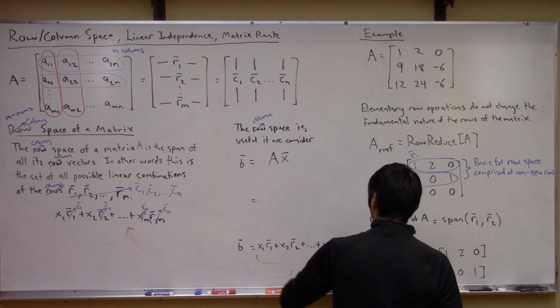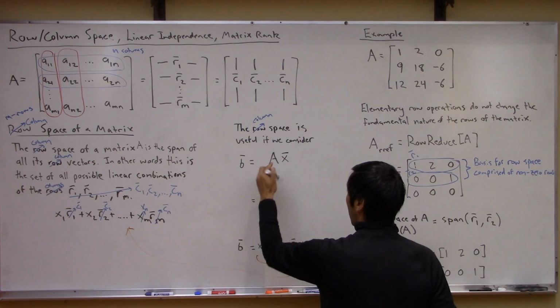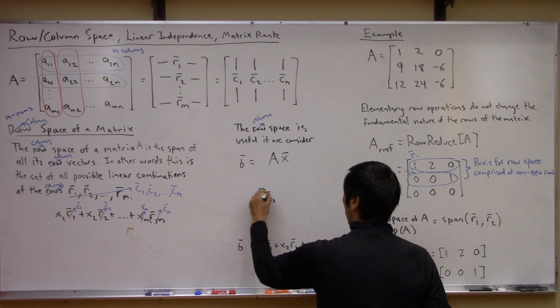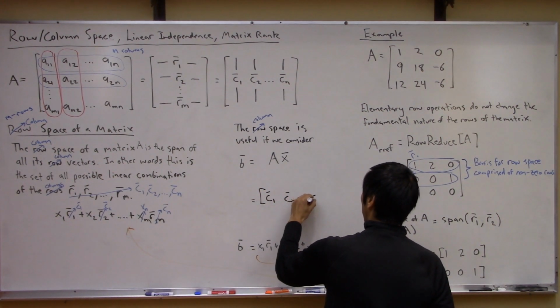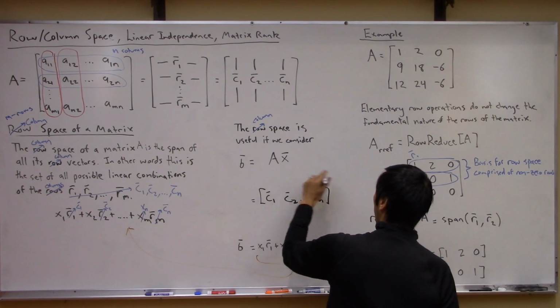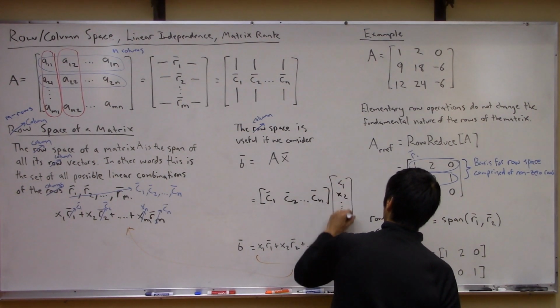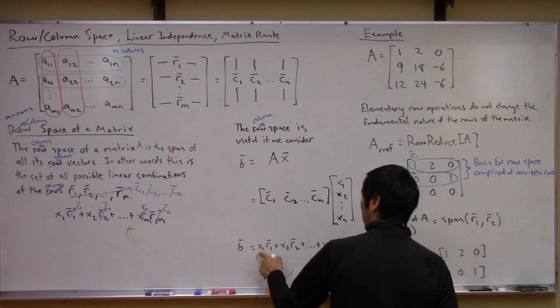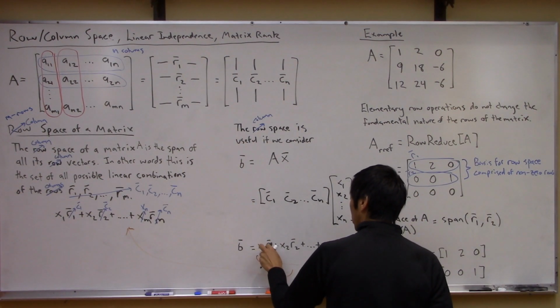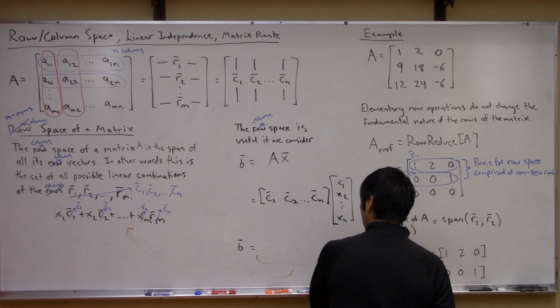So instead, what this line looks like is A now looks like C1, C2, Cn, and then the x vector is x1, x2 all the way down to xn, because there are n columns. So again, you get a linear combination which looks really similar.